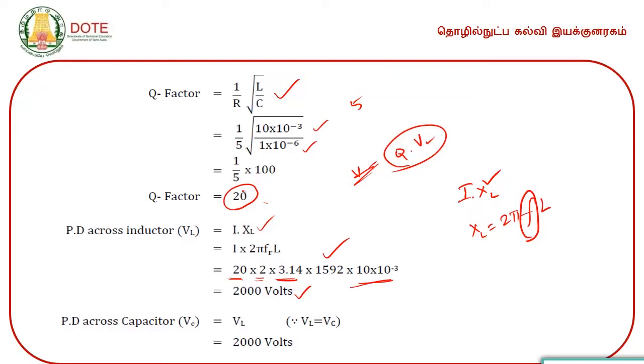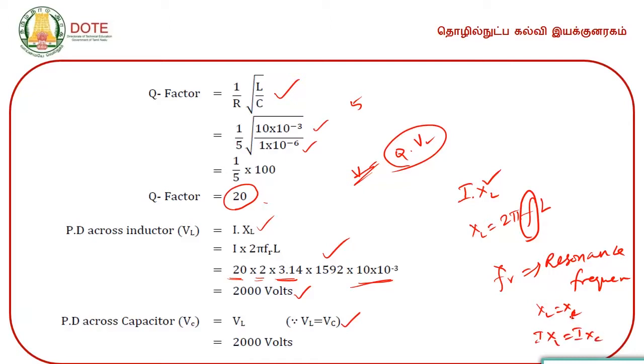Then what is the potential difference across the capacitor? VL is equal to VC, because at FR, at resonance frequency, XL is equal to XC. Multiplying both sides by I, IXL is equal to IXC.